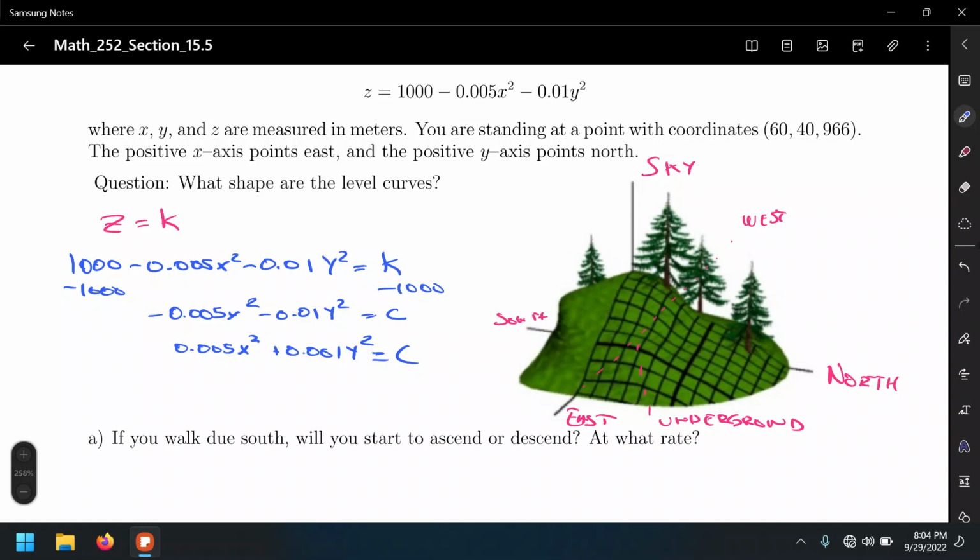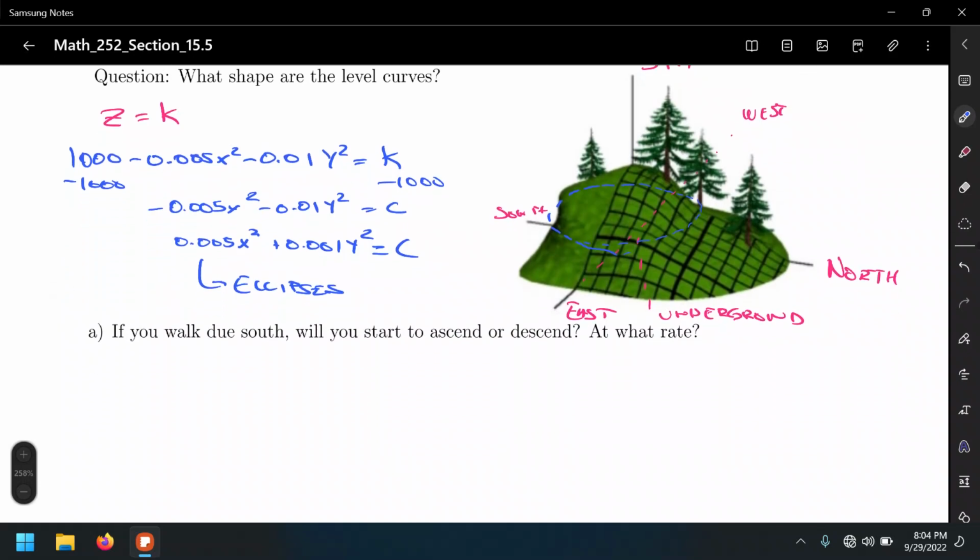No. What would that be then? Ellipses, right? Because we have different coefficients, different denominators. So these are ellipses. That means that if we were going around in circles, we would be walking elliptically, right? So those are the level curves in this case.